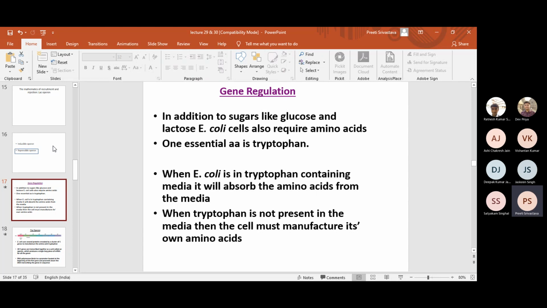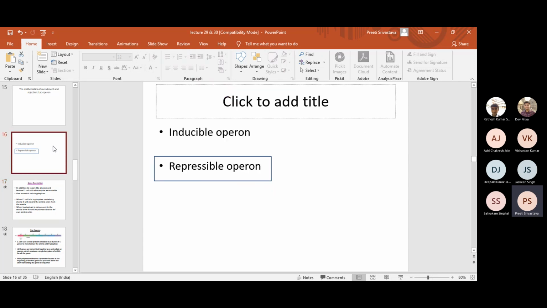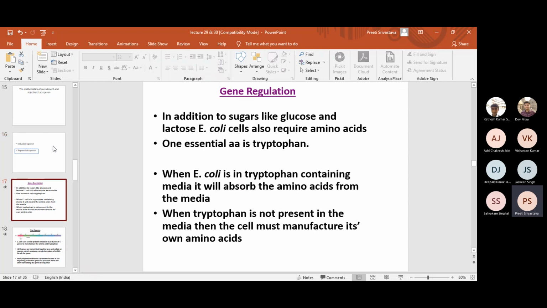The next operon is a repressible operon. The repressible operon class is the one which is for amino acid biosynthesis. In case of sugars like glucose and lactose, we have a system which is inducible because when lactose is there, only then you need to induce the operon.